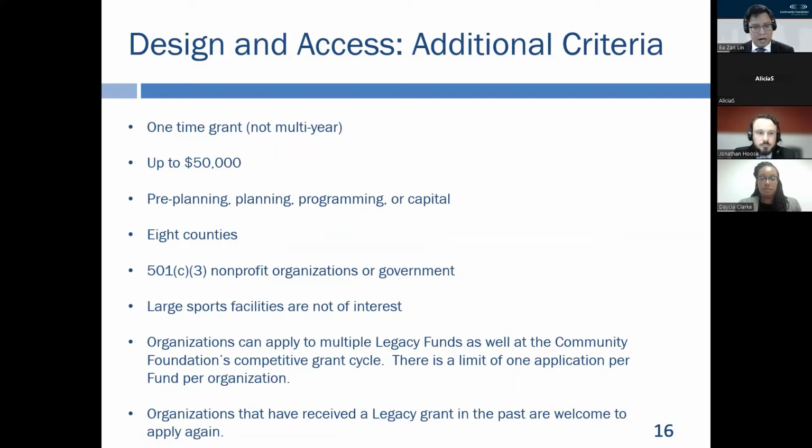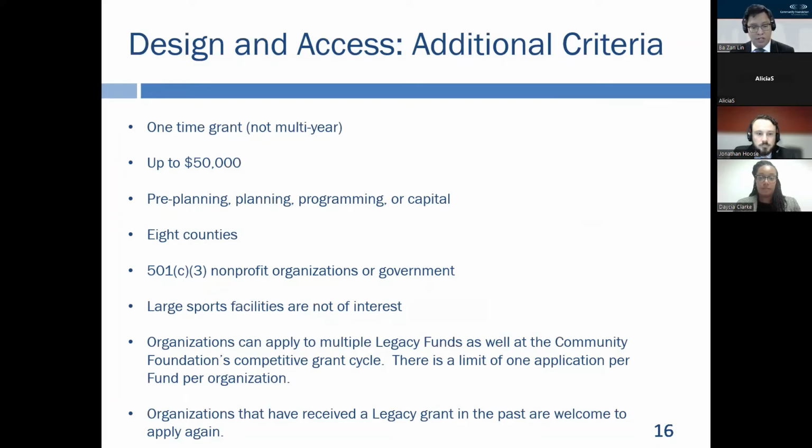Please note that these are one-time grants, not multi-year, but you can always come in for phase 2, phase 3 of these long-term projects. But these are one-time grants, please note. We will fund organizations located in all 8 counties of Western New York.